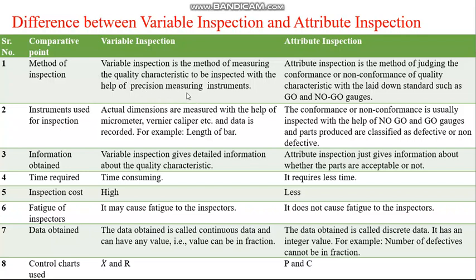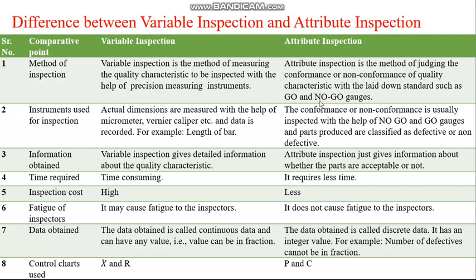Whereas in the case of attribute inspection, whether they are conforming or not conforming is found with the help of some laid down standard like go gauge, no go gauge. This is one of the laid down standards by which the quality characteristic can be found out whether it is conforming or not conforming.